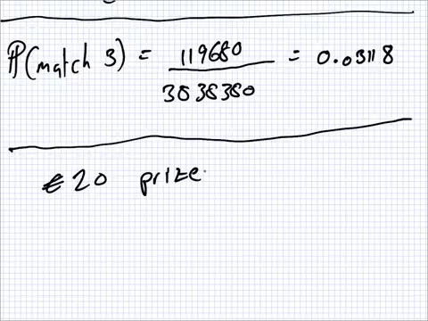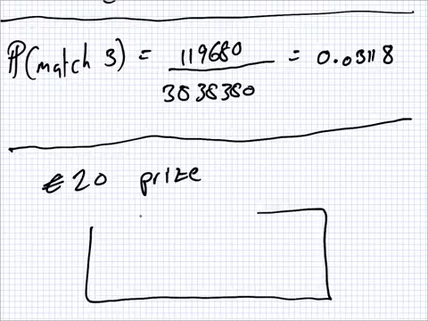So this is expectation now. I want the price of the ticket so that the game is a fair game, and the prize is 20 euros. If it helps, you should draw a table and just think about it as only 2 possibilities. Either you win or you lose.